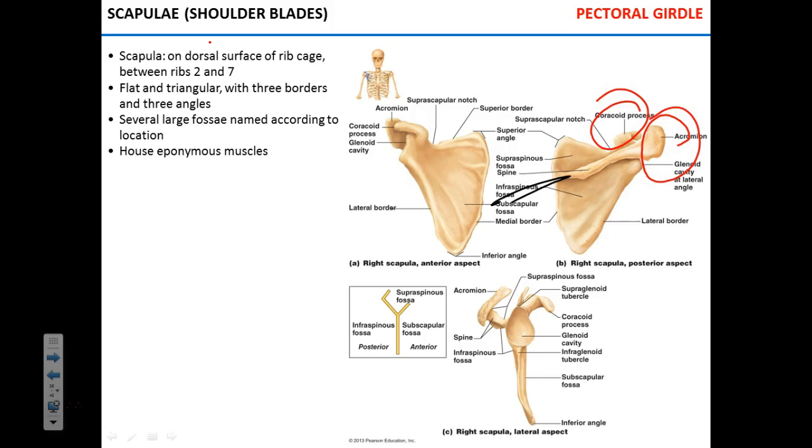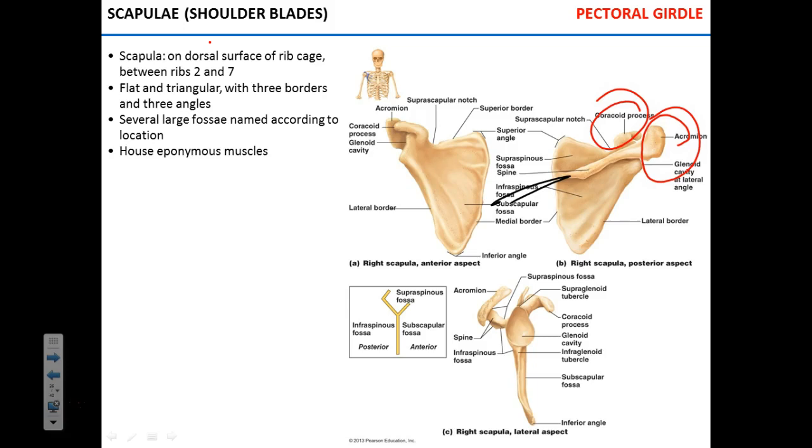So what I may ask you is which scapula it is. Like this scapula, which one is it? Left or right? That makes sense? So the lateral border is always angular.